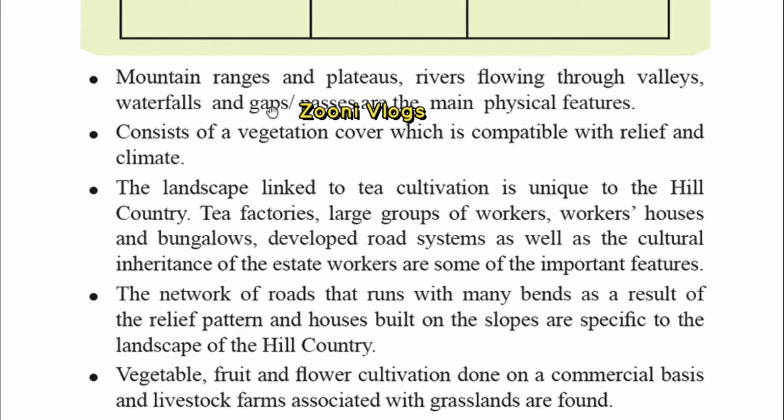This area is not like the coastal belt and the other areas in the country, because in the hill country we can find hilly sides, especially mountains. The main thing is we can see waterfalls, gaps and passes among the mountains. That's what we are calling hill country.